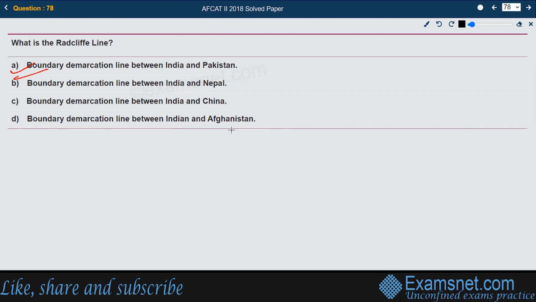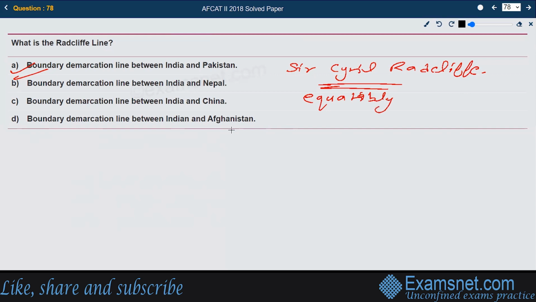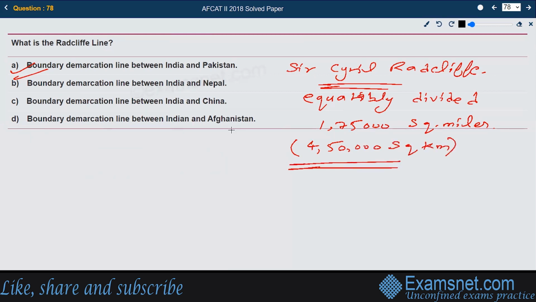It was named after its architect, Sir Cyril Redcliffe, who designed this line. He equitably divided 1,75,000 square miles of area at that time, which is equivalent to 4,50,000 square kilometers of land.